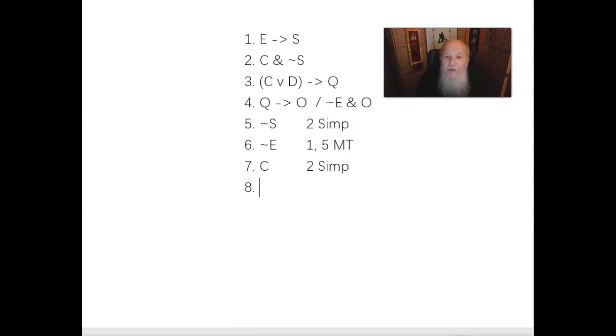Now that I've got the C, I can use my funny rule of addition to get C or D. With a C or D, I can get my Q from line 3 and 8, modus ponens.